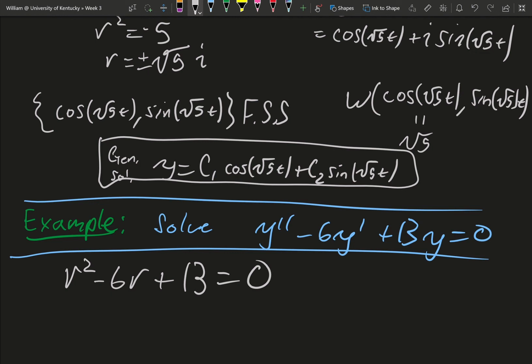I'll complete the square again, negative 13 over there. If we divide negative 6 by 2, we get negative 3. So we're going to add negative 3 squared to both sides.